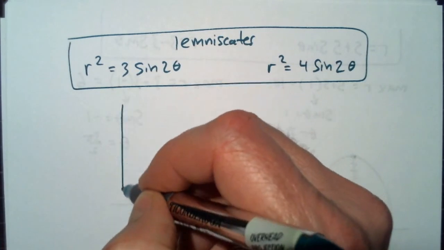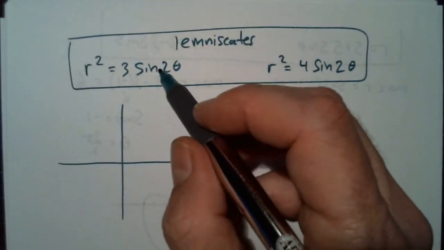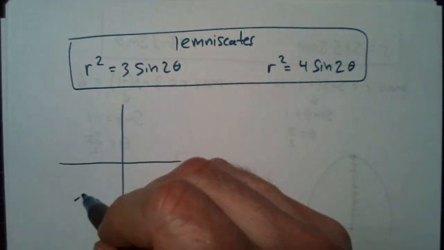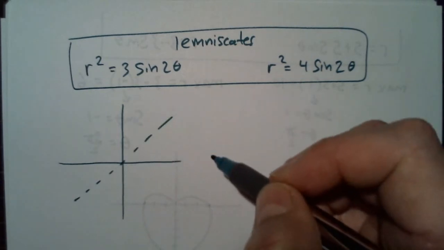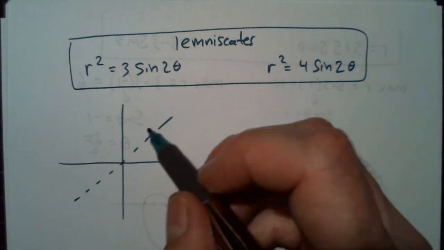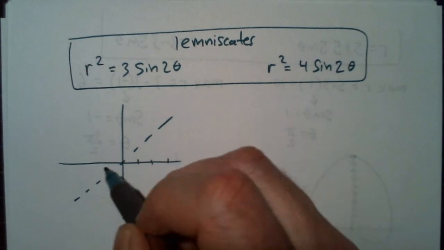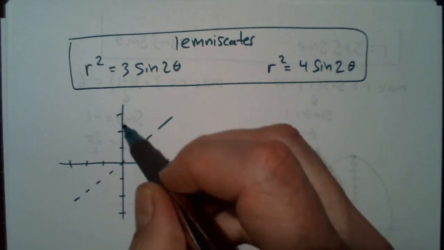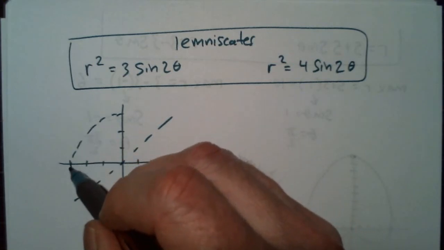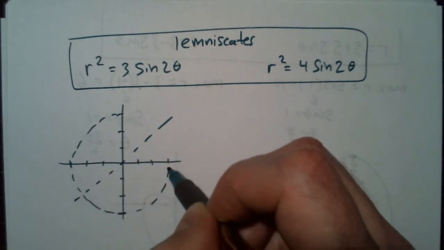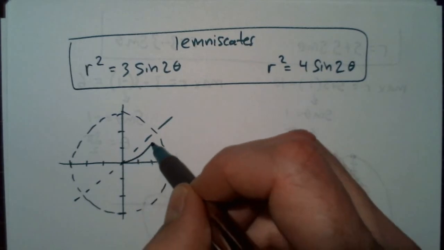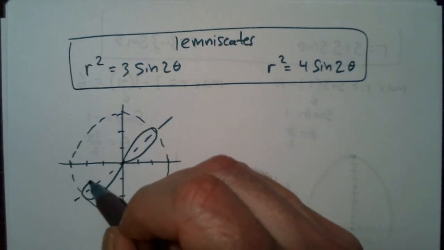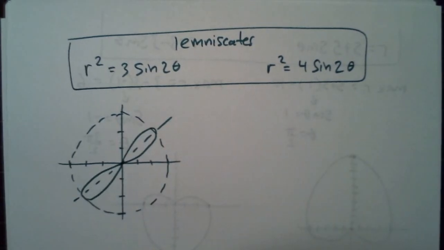So they will be symmetric to the line pi over 4. We have a radius of 3. And then we just have that shape.